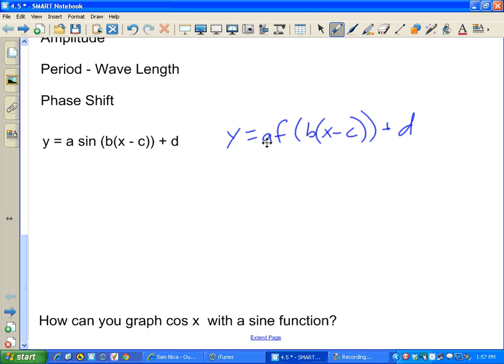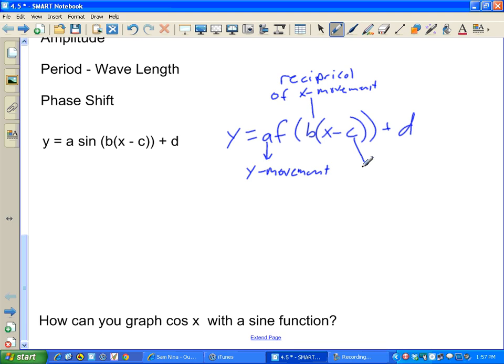So if you remember, usually A is the y movement multiplier. B was the reciprocal of the x movement multiplier.